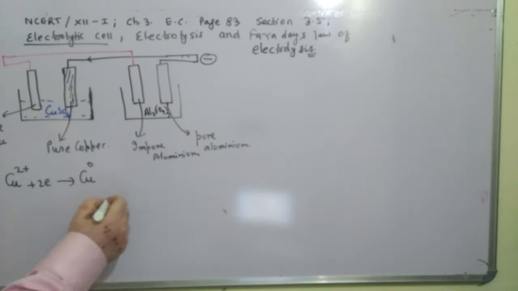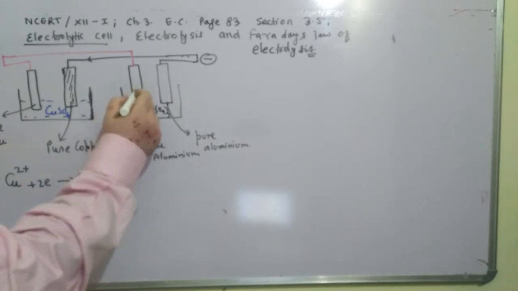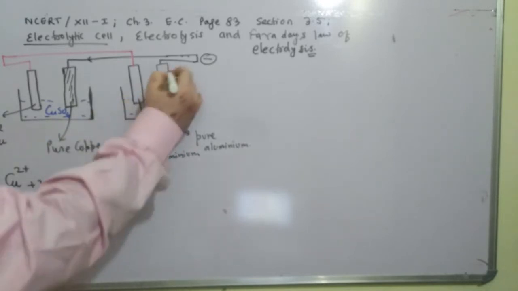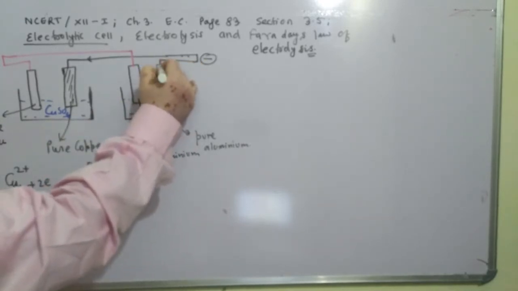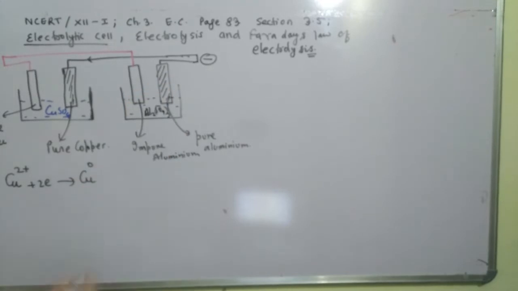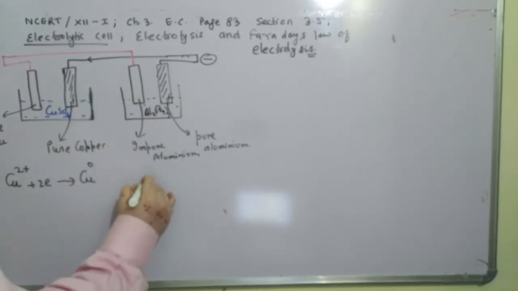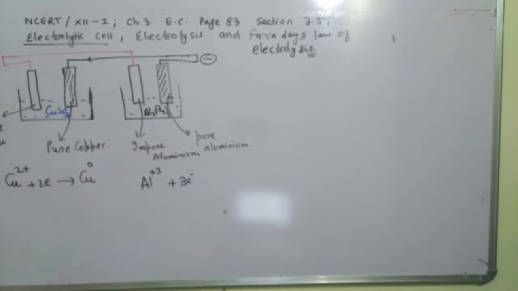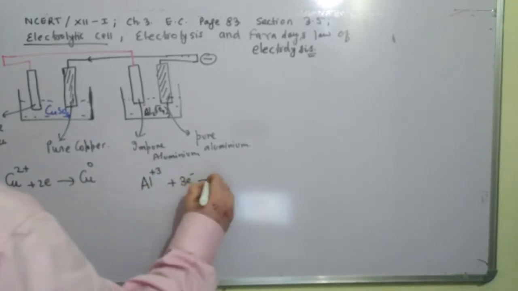In this case, if I take aluminum sulfate solution, and this is the negative terminal, then aluminum ions will take 3 electrons and will form aluminum metal.